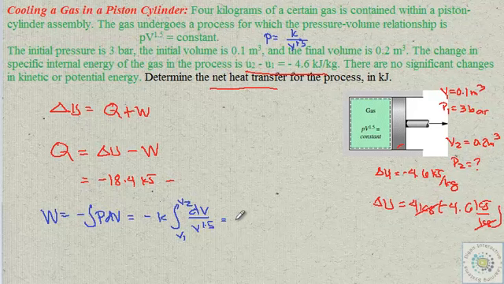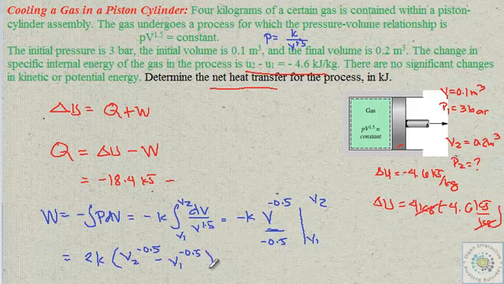Since we know V1 and V2, we'll be getting negative K V to the negative 0.5. I'm integrating dV over V to the 1.5, over negative 0.5, taken from V1 to V2, and this will lead to 2K times V2 to the negative 0.5 minus V1 to the negative 0.5.